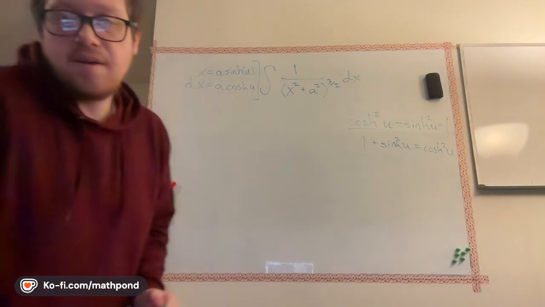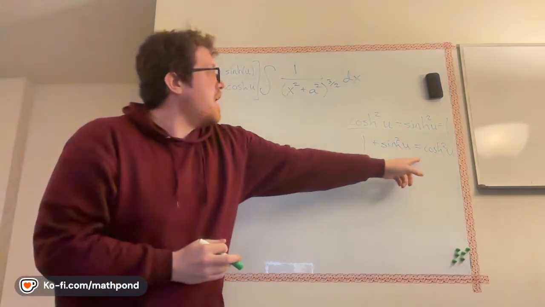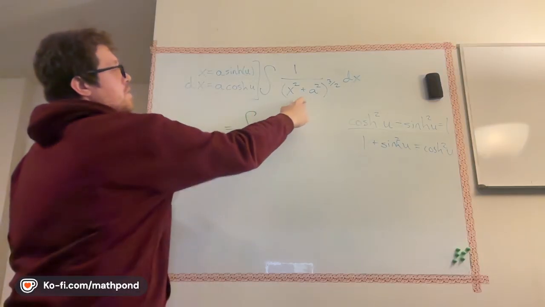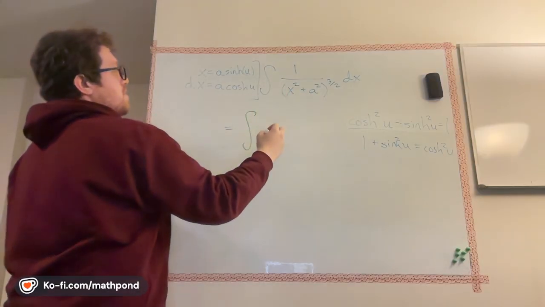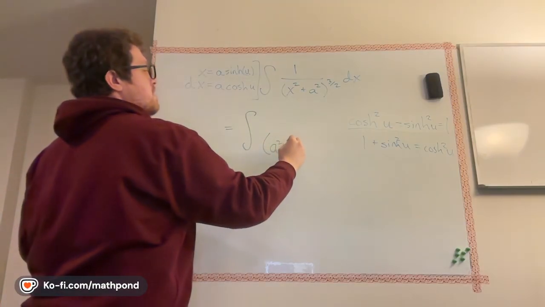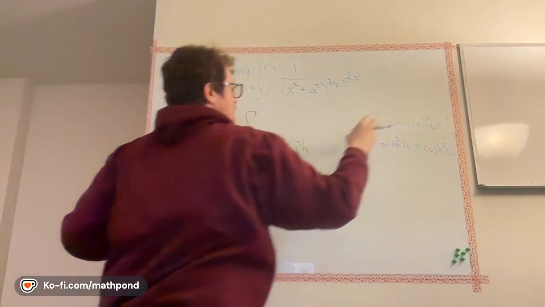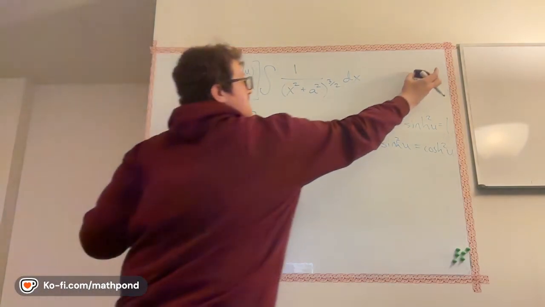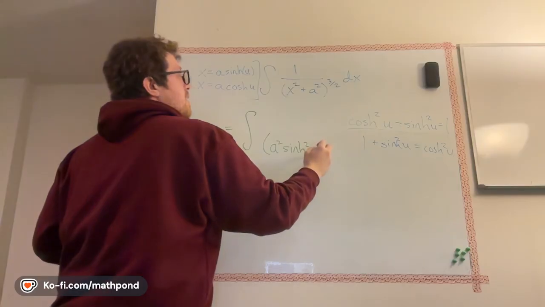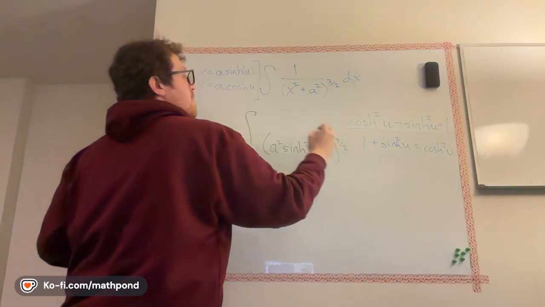Yeah, I figured it out. So you rearrange it. Now we're going to do the replacement here, substituting for x. So on the bottom, we get a squared hyperbolic sine squared of u plus a squared, all to the 3/2.